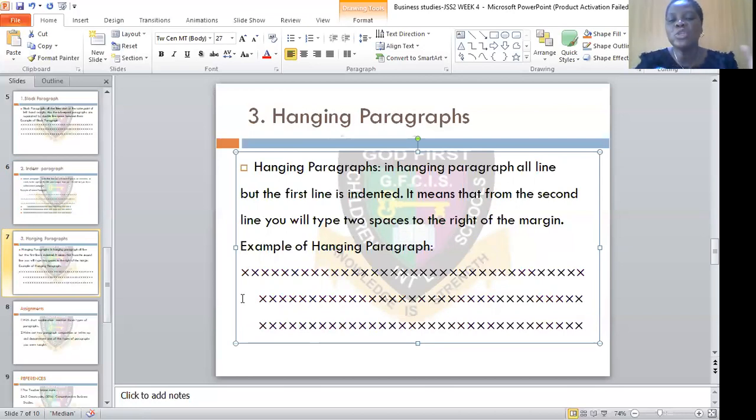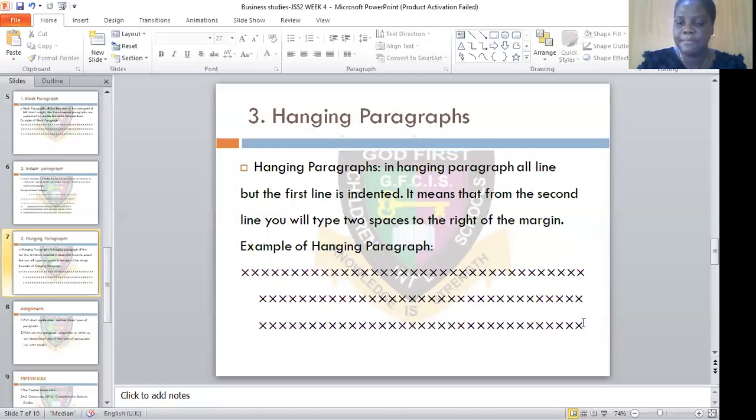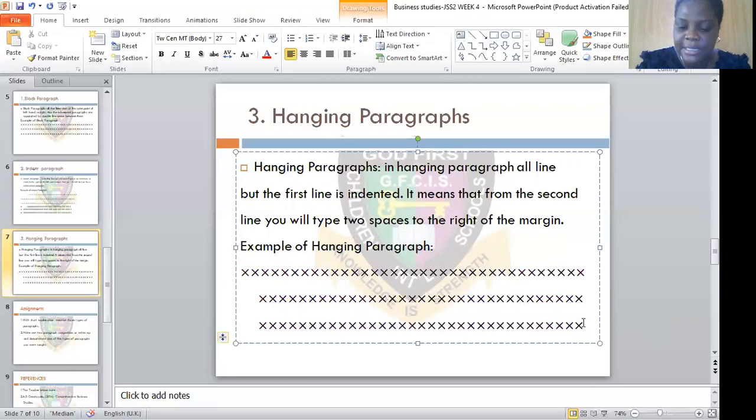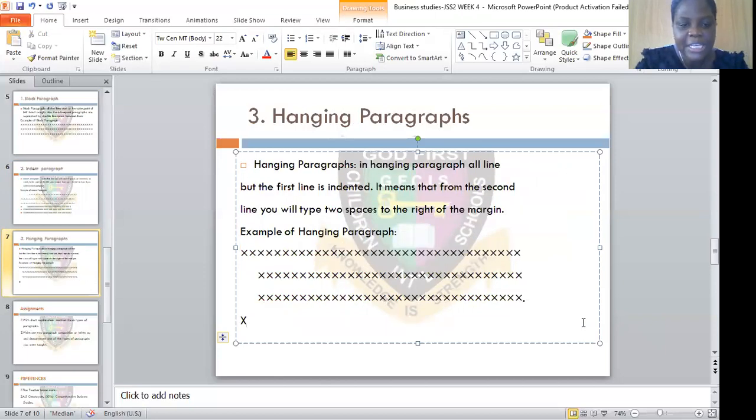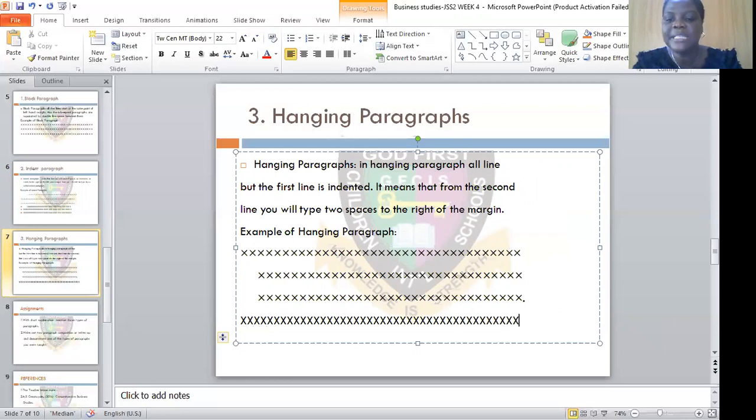And that is how you are going to do it, giving 2 spaces till you finish that paragraph. Just like for an example, this paragraph, let's assume, is done. Then you press enter. This enter that you press will start from the beginning of the left cursor.